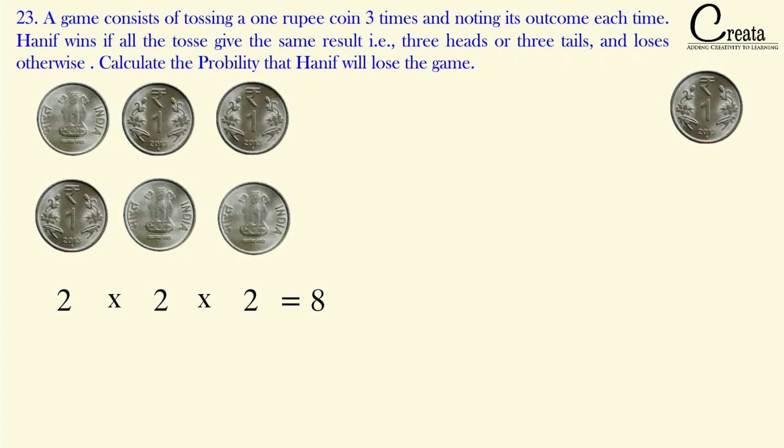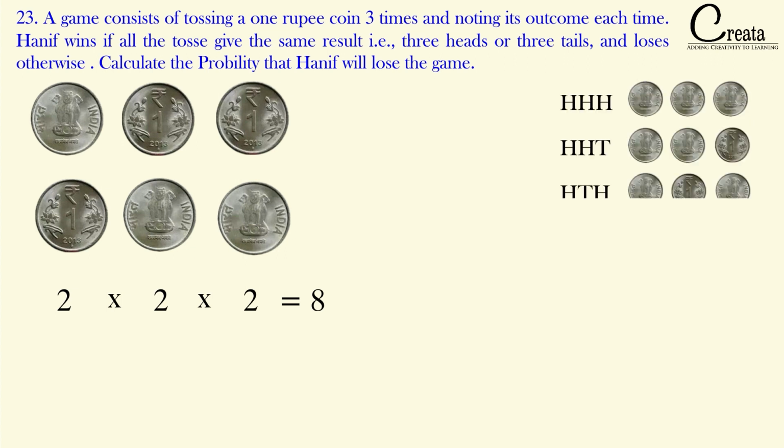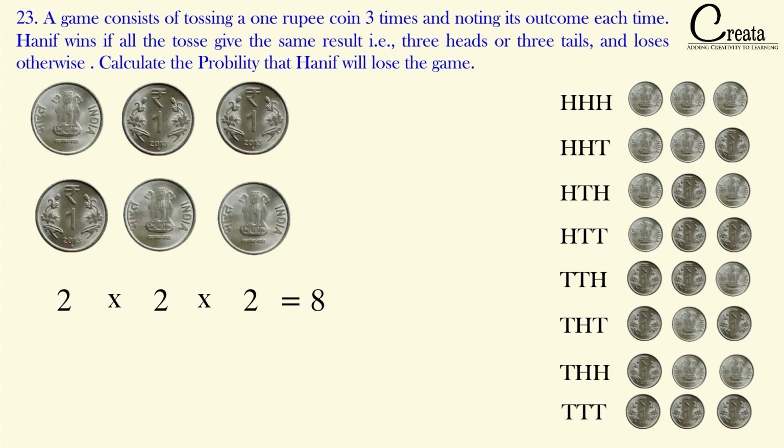Let's move further and check the 8 cases that we can get. If you observe all these 8 cases, one case is head head head and one case is tail tail tail. Only in these 2 cases Hanif will win, and in all the other cases Hanif will lose.